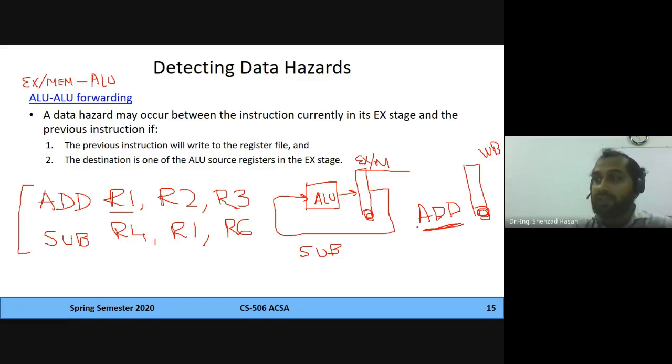That convention is that we write this register code for that particular instruction by the name of the pipeline register currently holding that code, and the register that we are talking about. So if you're talking about R1's code, that's currently over here in the EXMEM pipeline register. So we are going to call that code EX/MEM dot register RD.